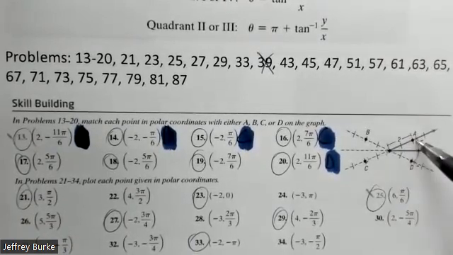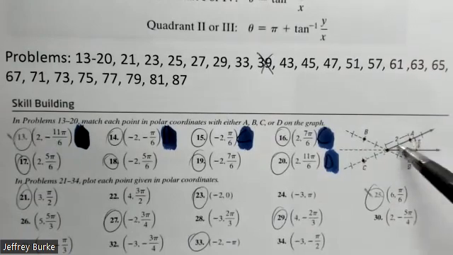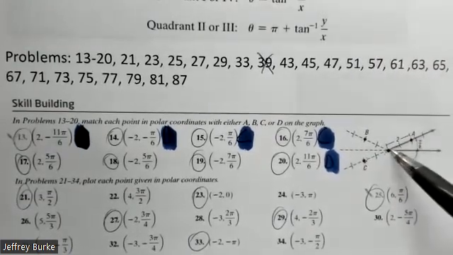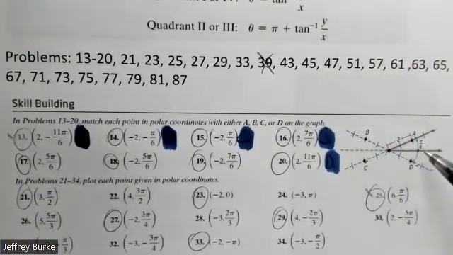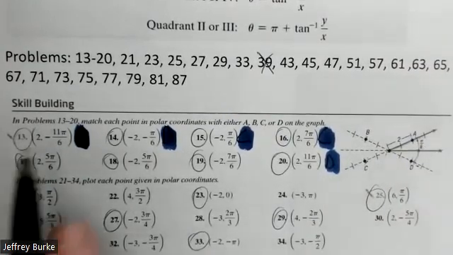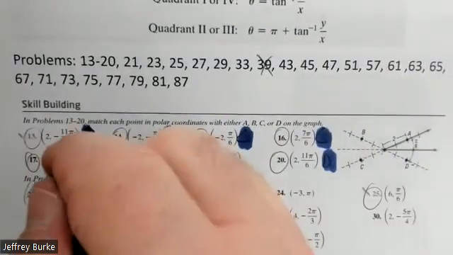This is my positive number line, and the other side is my negative number line. This is the angle I'm going to work with right here. And then for the radius, I count up 1, 2. So number 13 is going to correspond with choice A.